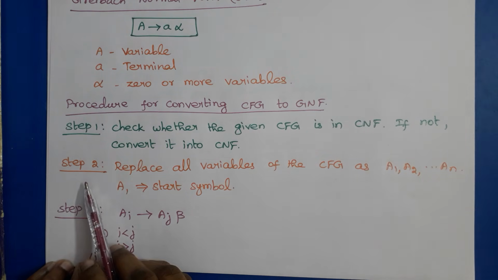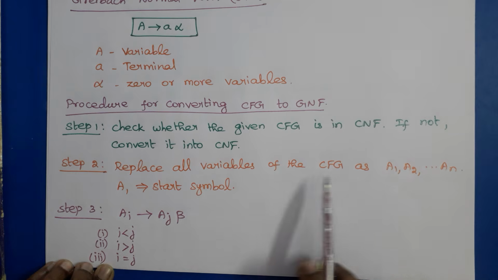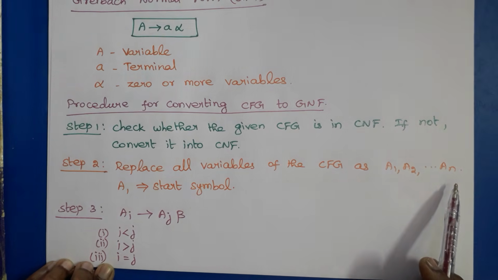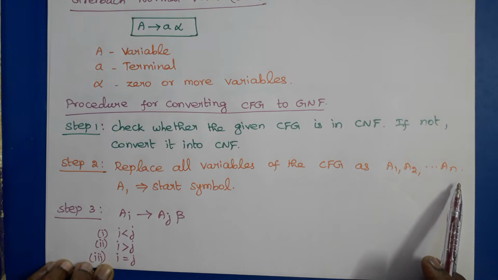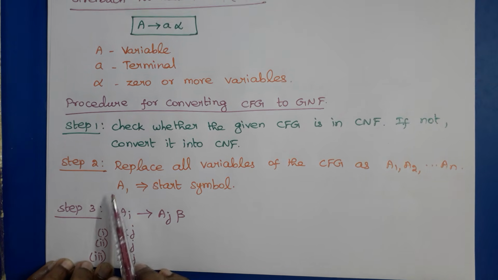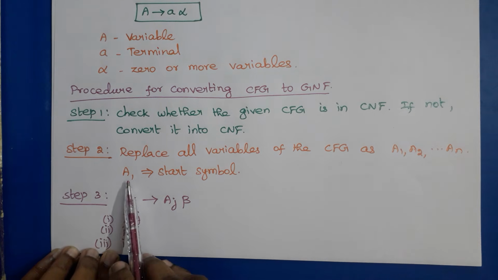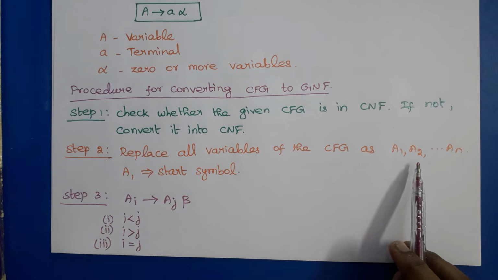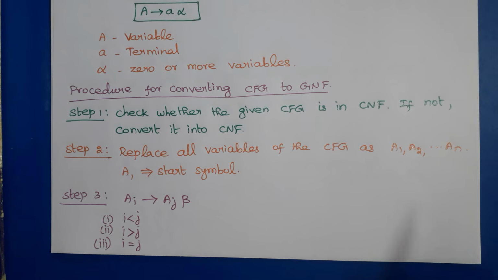Then the second step is replace all the variables of the grammar with the symbols A1, A2 up to AN. Here the start symbol must be replaced with the symbol A1. Then the rest of the variables are replaced with A2, A3 and so on.